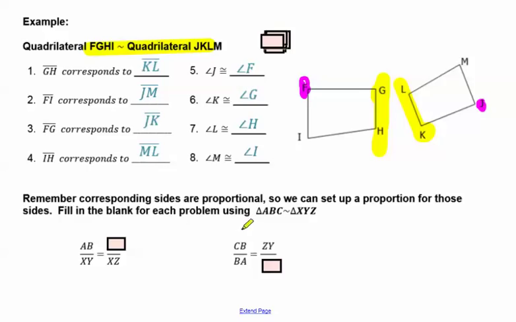Next, all they give us is a similarity statement. They don't even give us a picture. So now they're giving us proportions. Remember, the corresponding sides, our matching sides, are proportional, so we can set that up. So let's see. They have AB. Well, AB matches XY, so that's what they have. AB over XY.